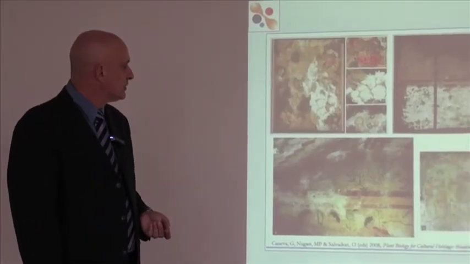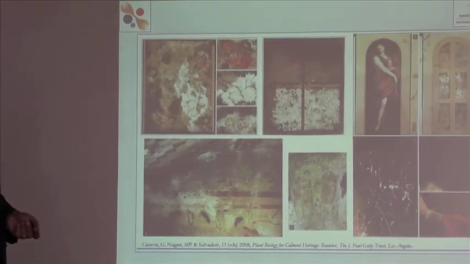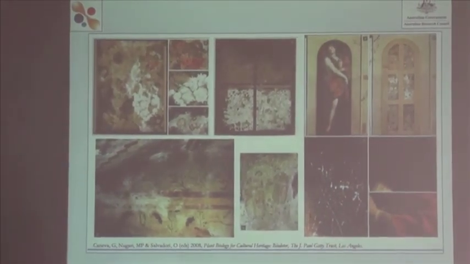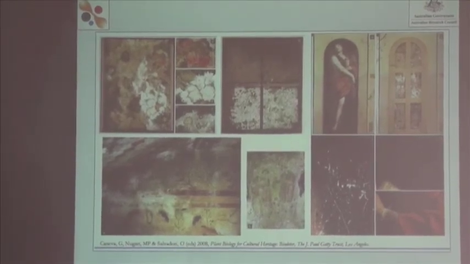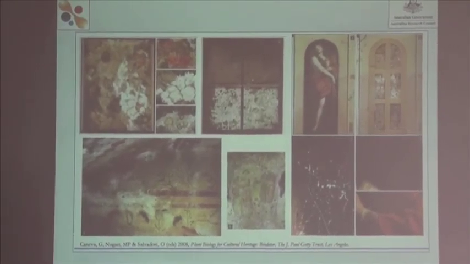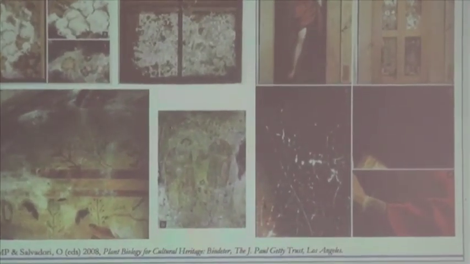Free radicals and oxidative stress are also involved in the formation of biofilms on important works of art, and they can be controlled simply through the use of nitric oxide, which is a very simple free radical that is involved in cell signaling.